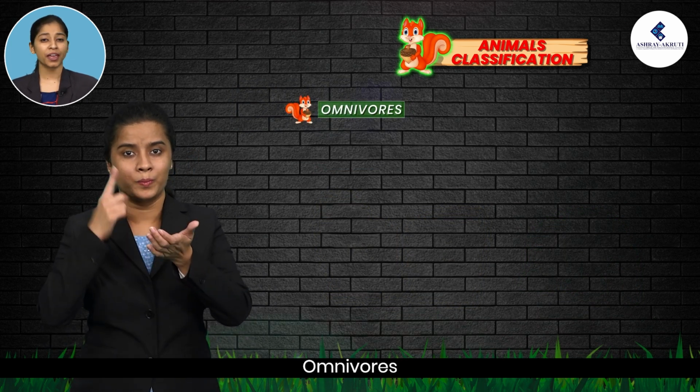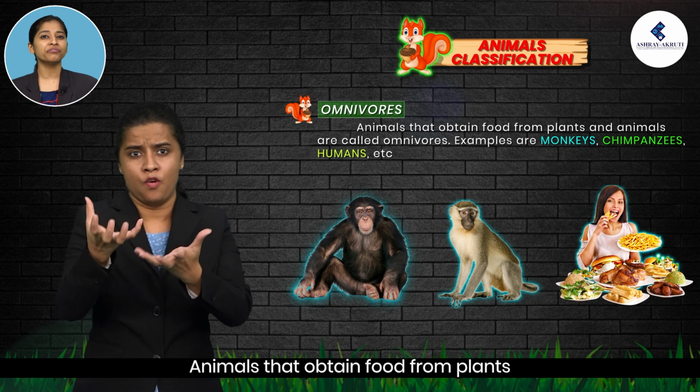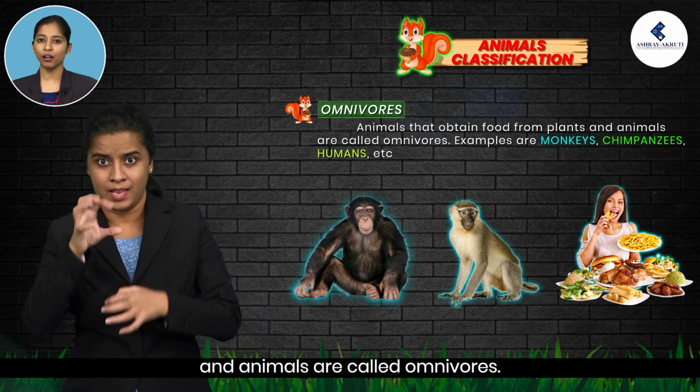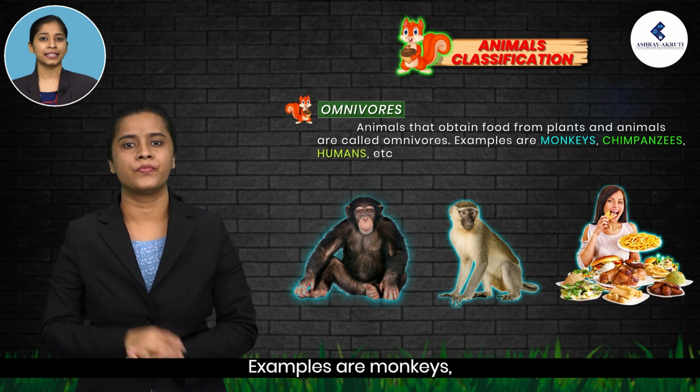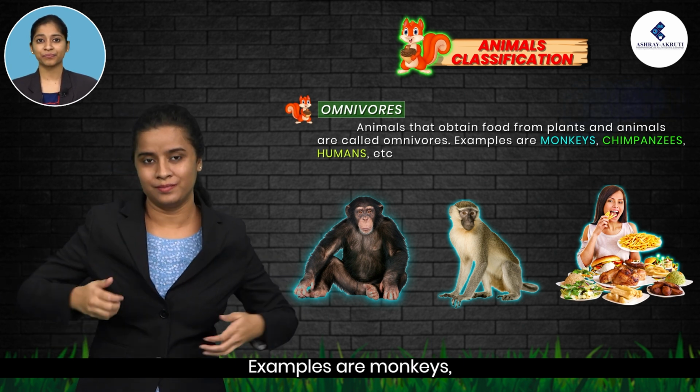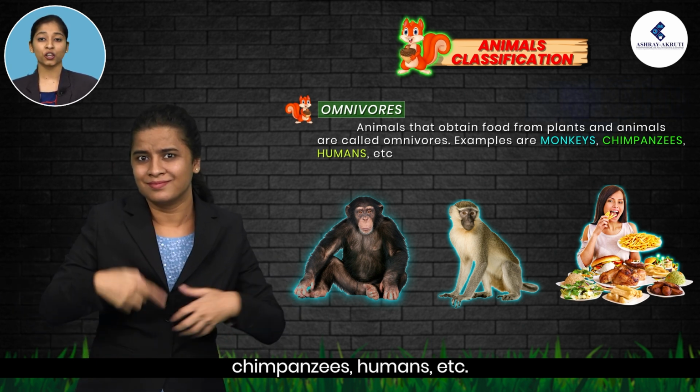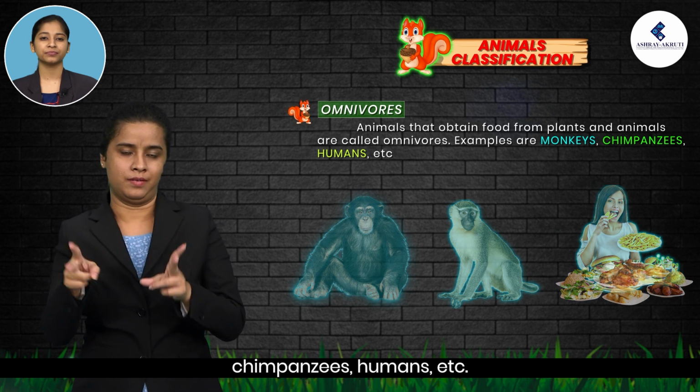Omnivores: animals that obtain food from plants and animals are called omnivores. Examples are monkeys, chimpanzees, humans, etc.